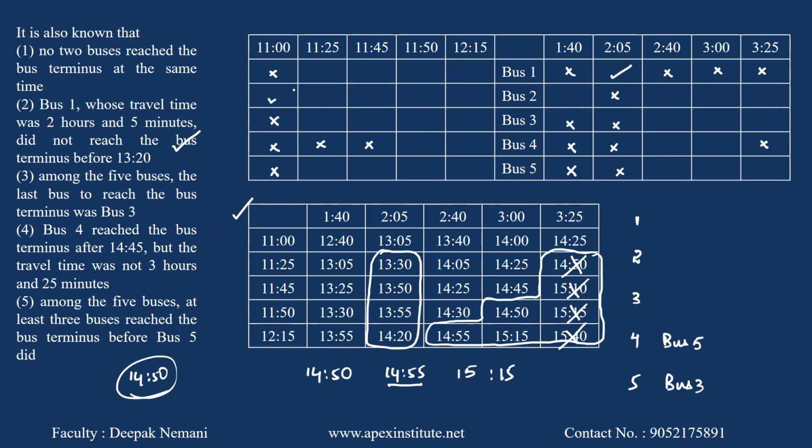So now I can be sure of bus 2 starting from 11 o'clock. So this is bus 2 and reaching its destination at 12:40 p.m. Perfect. So this is what I can infer from the data that was given to you till now.